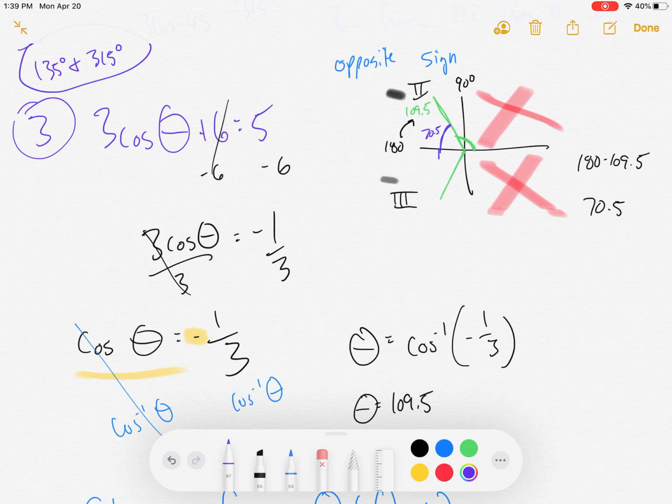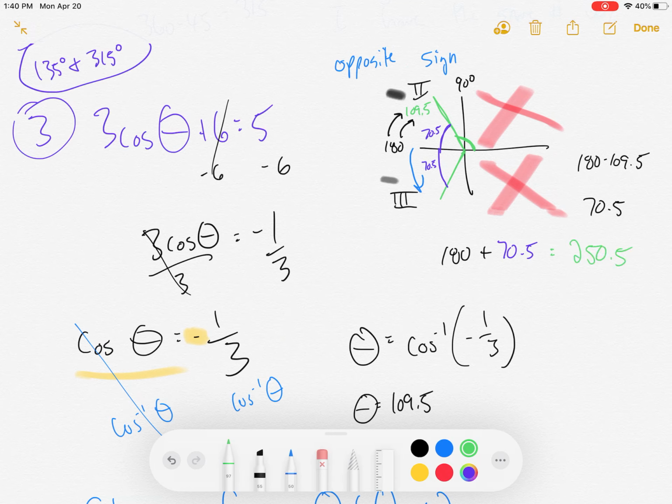So what that tells me is I have an answer in quadrant 2. I also have an answer in quadrant 3. So what's my reference angle here? Well, this is 180. Now instead of going backwards, I'll use blue. Now I'm going forwards 70.5. So I'm going to do 180 plus my 70.5 to figure out what my other terminal angle is.